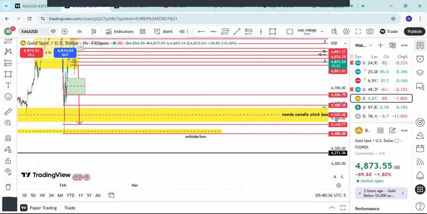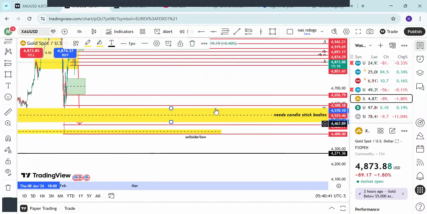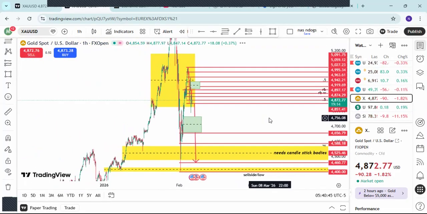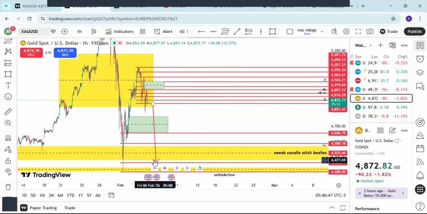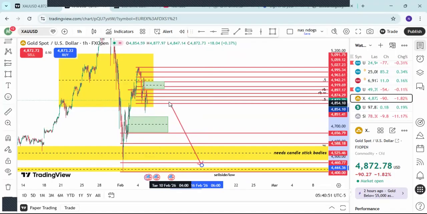You see there? Let me just extend that so that it can be clear. There we go. You see these candlestick bodies? So that's going to be the draw ultimately that we're going to look for.